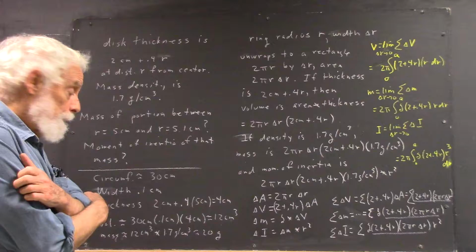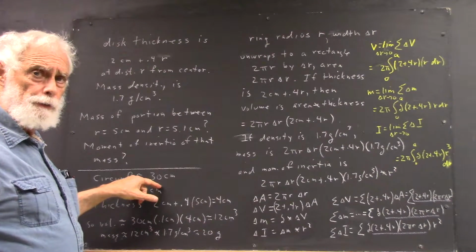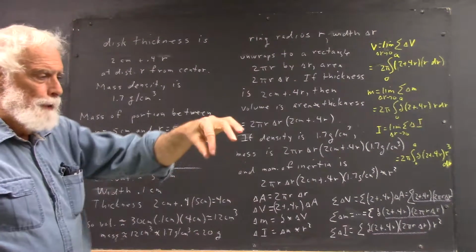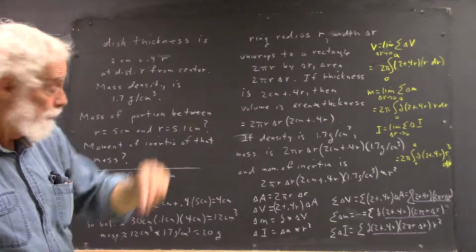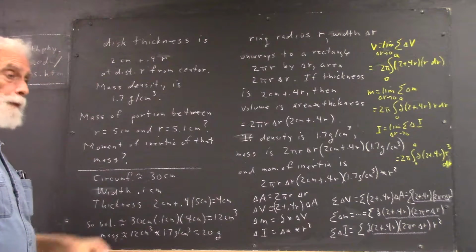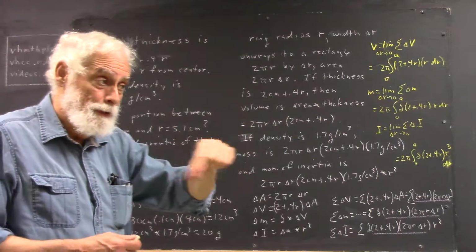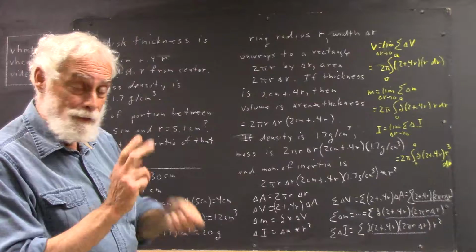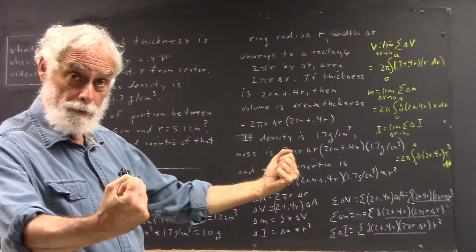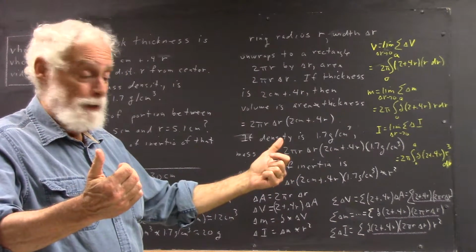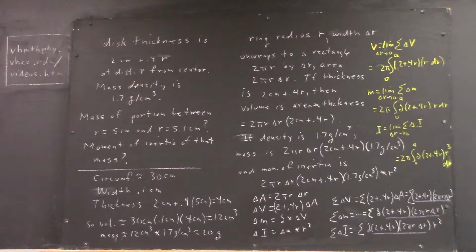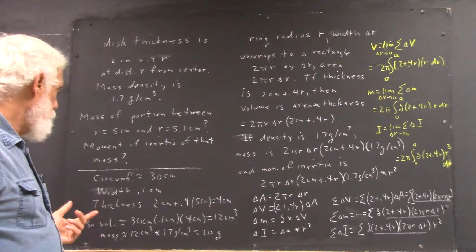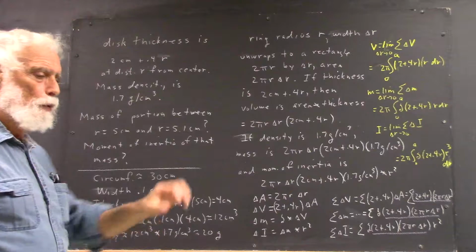Now what you have then, in the vicinity of this circumference, is a hoop. It's only a millimeter thick. If you take a hoop a millimeter thick and cut it and straighten it out, you get a rectangle, a rectangular object that's 1 millimeter wide.